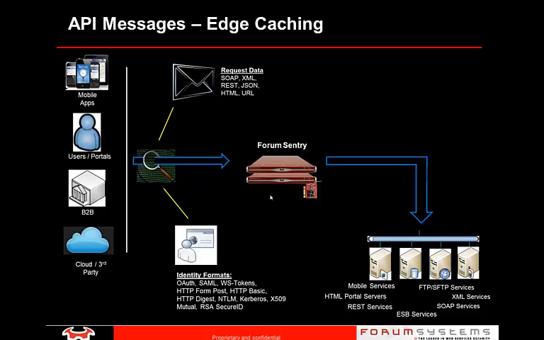And those identity formats that are also coming in, such as SAML or OAuth or WS tokens or information like HTTP basic auth or digest auth. All those different auth schemes ultimately get you to a user, a credential that identifies uniquely the inbound user.